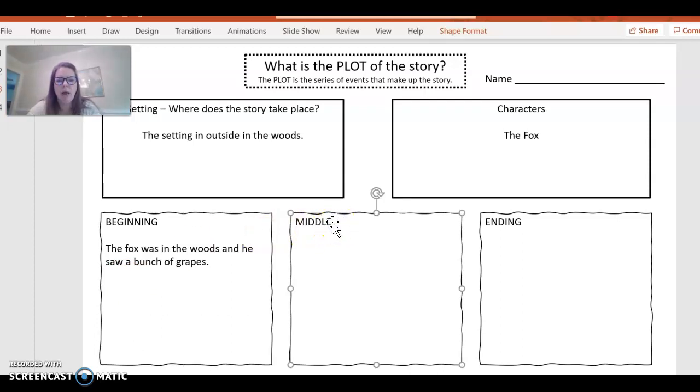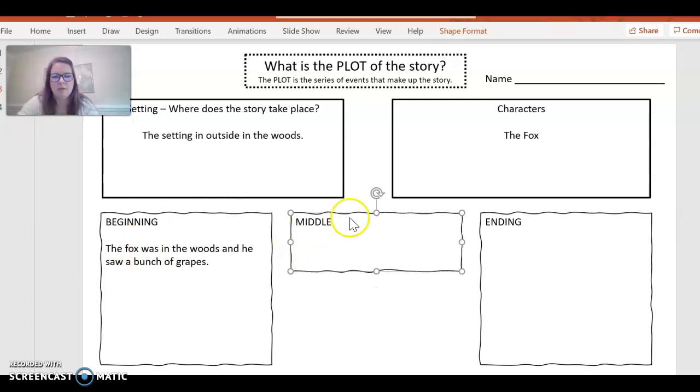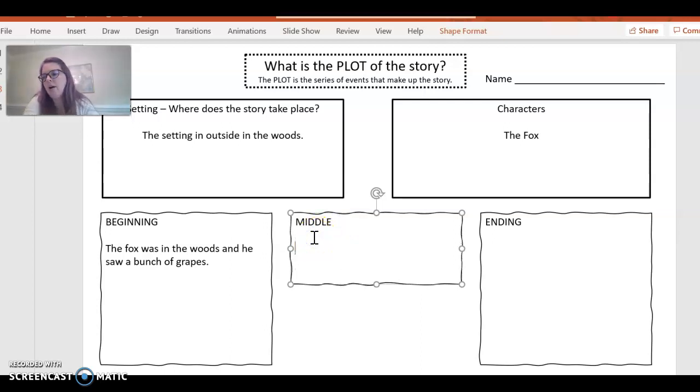All right, now let's think about what happened in the middle of the story. So this is typically our biggest section of our graphic organizer. So here in the middle section, I need to explain how the fox tried many times to get the grapes, but that he was not able to reach them.